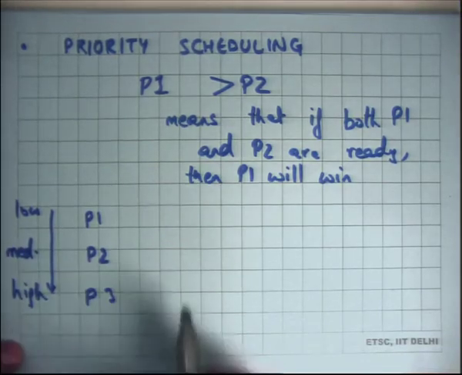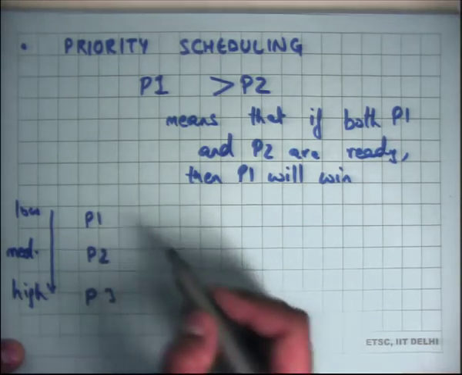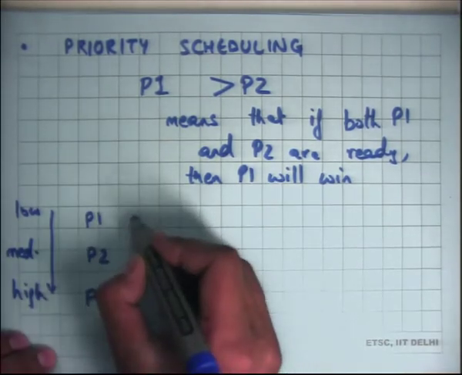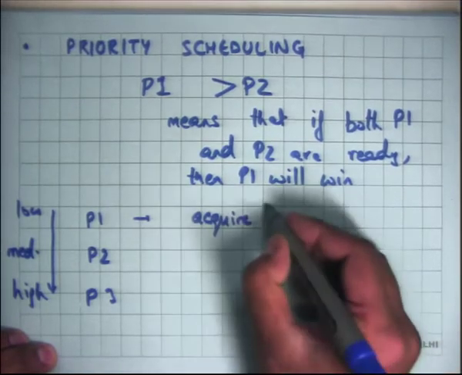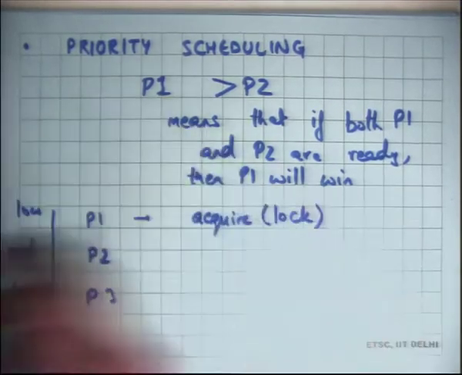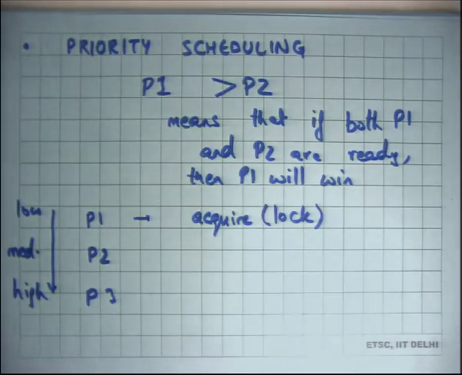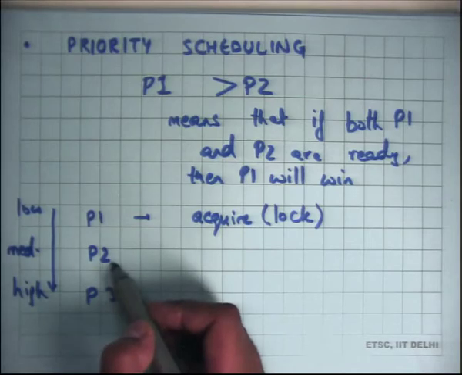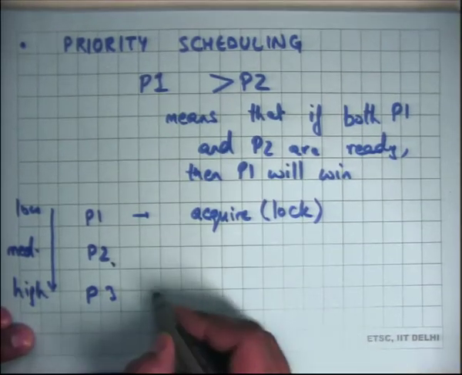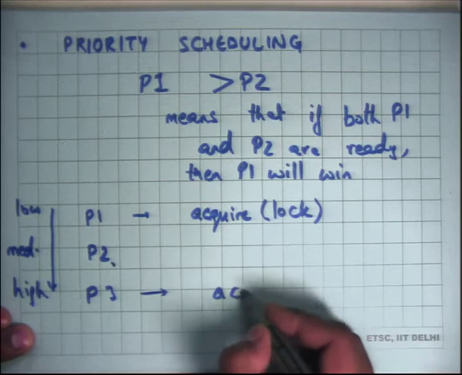Now let's say P1 acquires a lock, or acquires any resource. I'm using the lock as an example of a resource. It acquires a lock, and now P2 comes in, and P2 gets to run. Then P3 comes in, and P3 also tries to acquire the same lock or same resource.